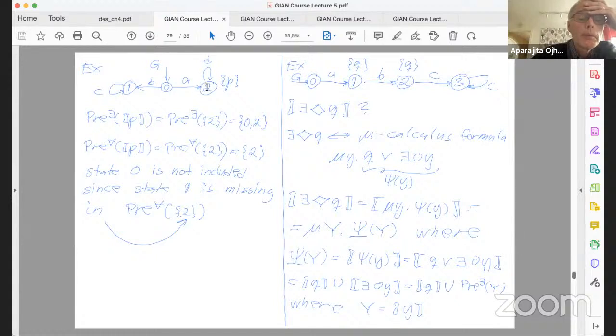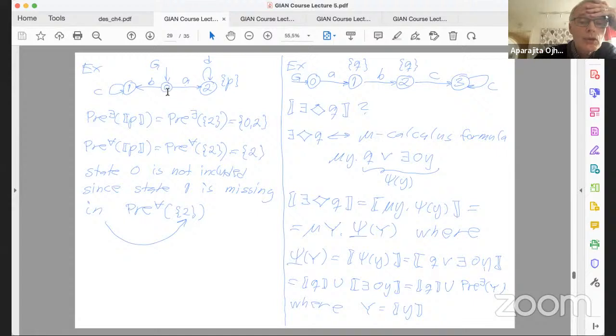So the meaning of this is that for pre for all, if I go one step backward and look at this state, are all the events going to a state where this P is true?